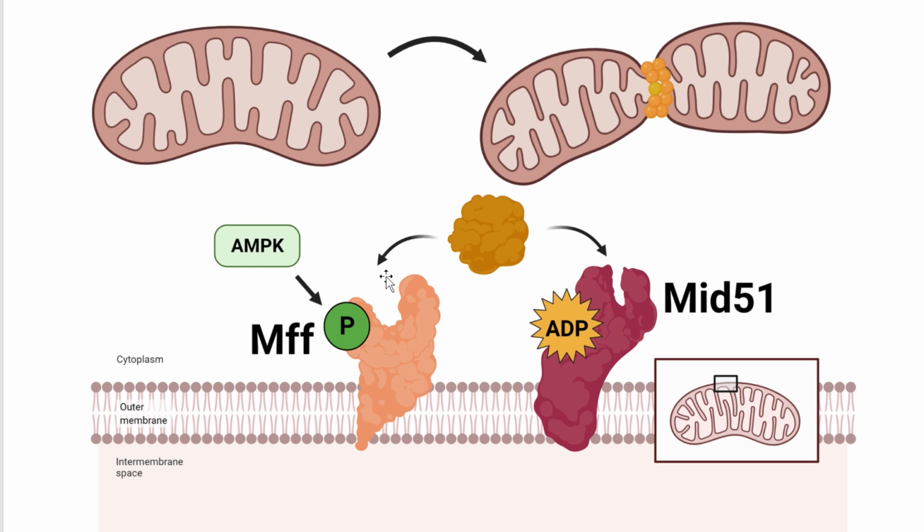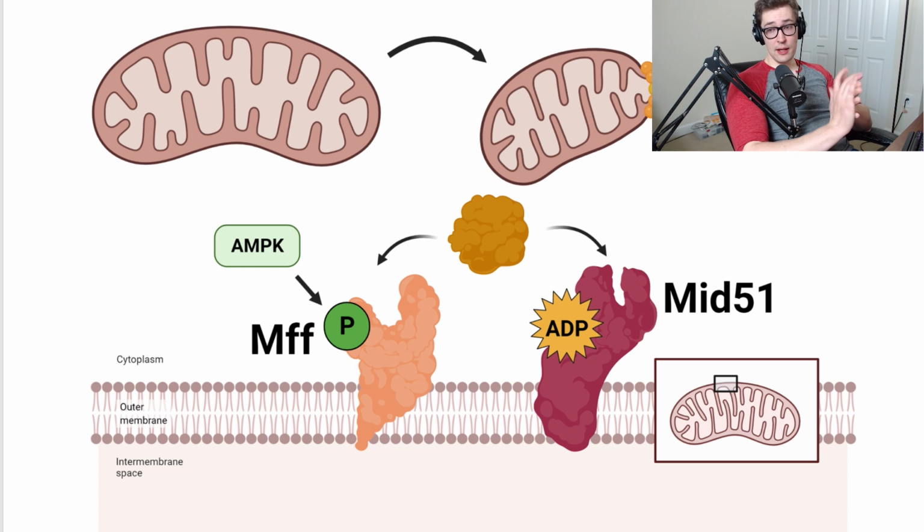In one situation, you have the introduction of a protein known as AMPK. AMP-activated kinase is a protein that is heavily activated when you are in a low energy state. So if the cell is in a low energy state, then you get more activation of AMPK.